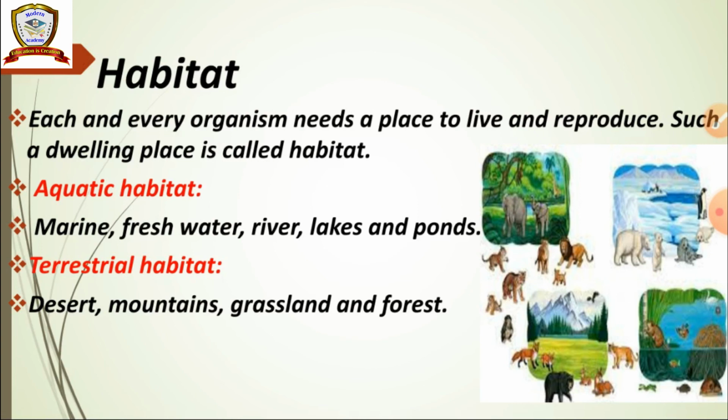Aquatic habitats are marine, which means sea, freshwater, rivers, lakes and ponds. Terrestrial habitats are desert, mountains, grassland and forest. We can see some plants and animals in these habitats.